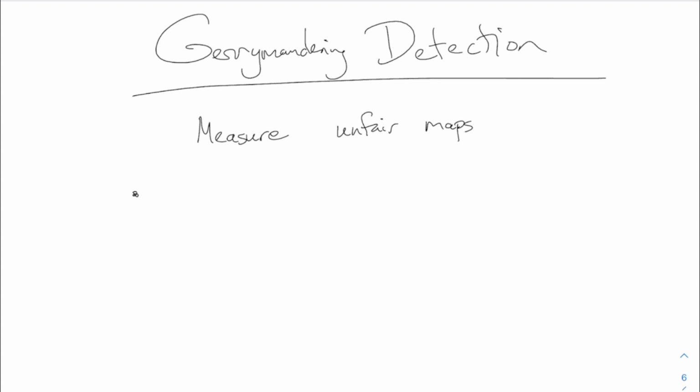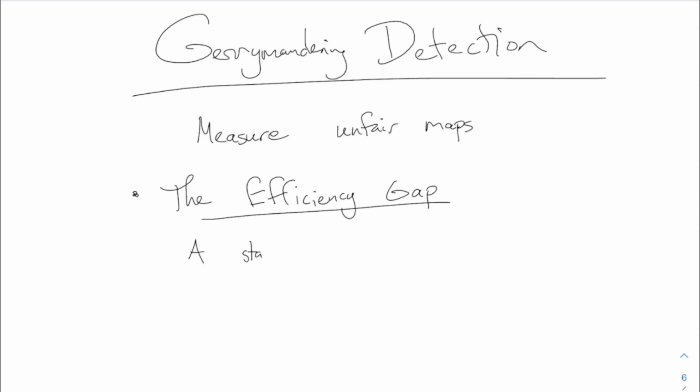The first one that I want to talk about is called the efficiency gap. The efficiency gap. And this is a statistical measure of packing. All right?